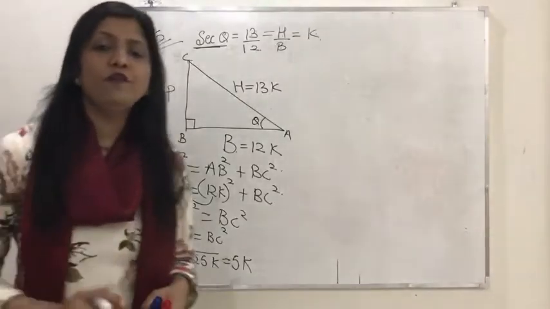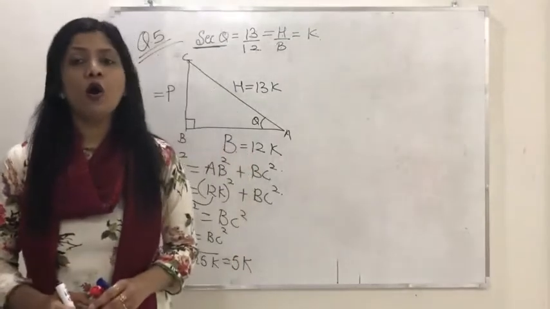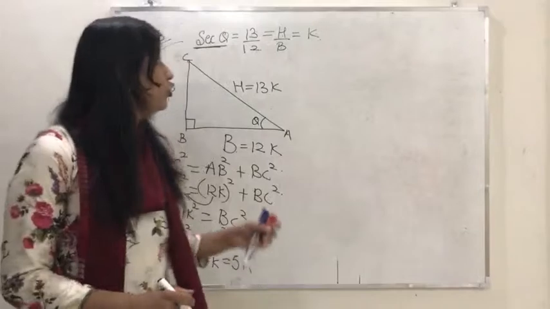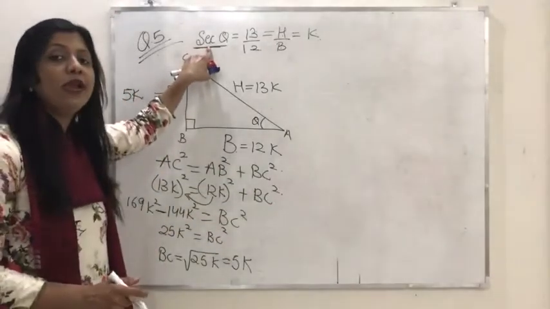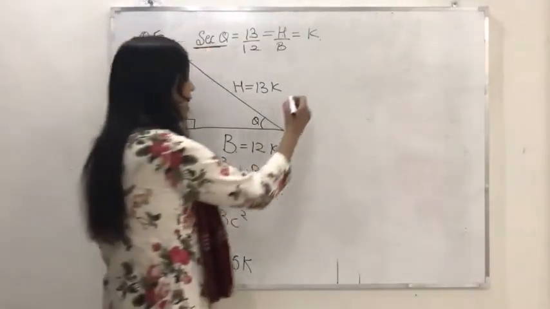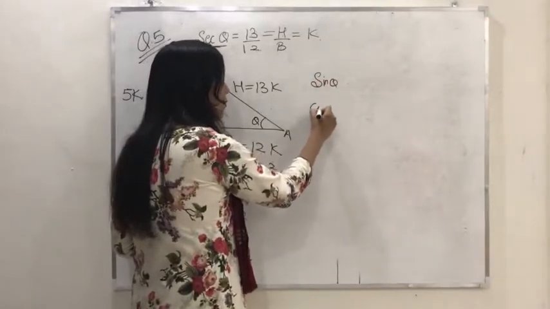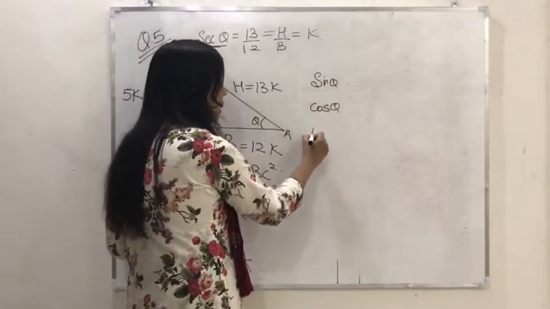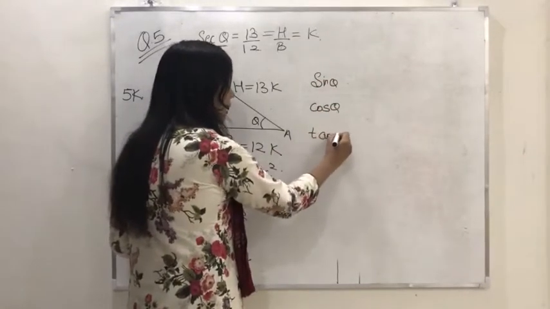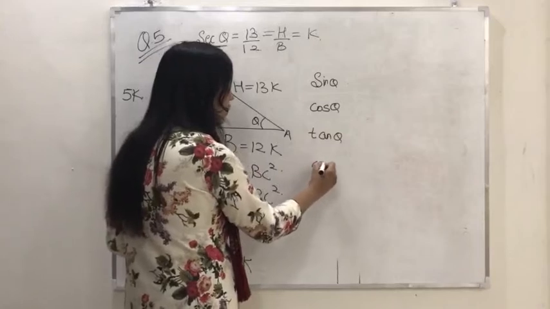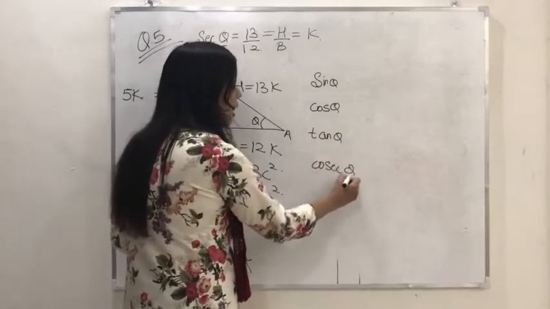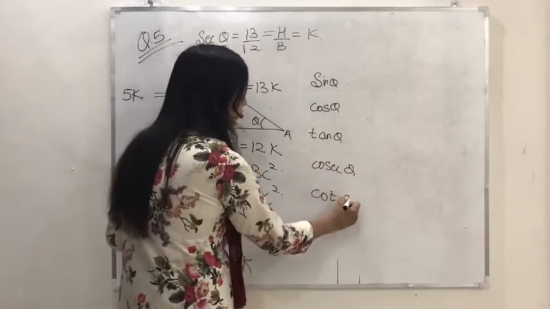Now you want to find the value of all trigonometric ratios. You already know the value of sec theta. The remaining five trigonometric ratios are sin theta, cos theta, tan theta, cosec theta and cot theta.